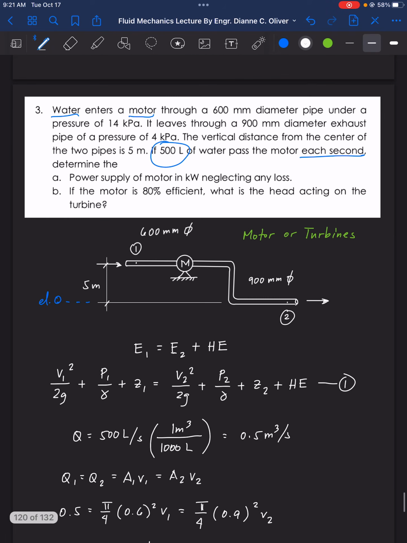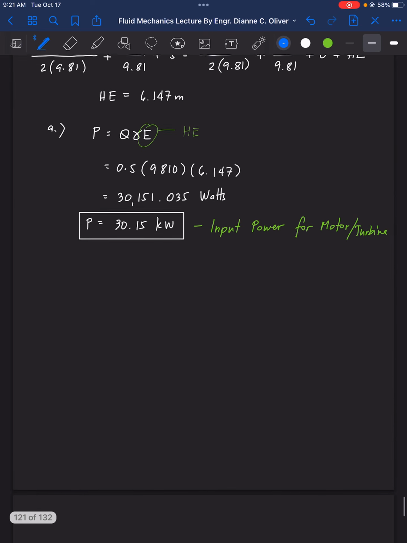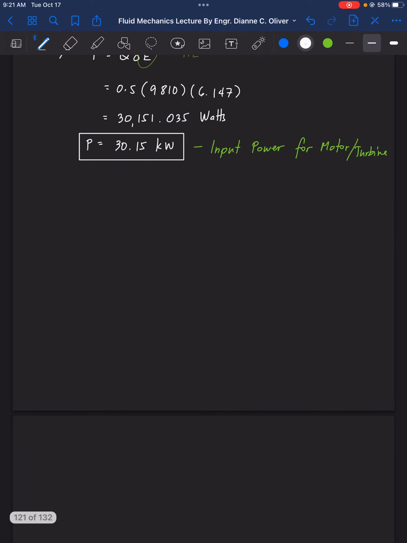For letter B, what's being asked? If the motor is 80% efficient, what is the head acting on the turbine? So it's asking for the head acting on the turbine.